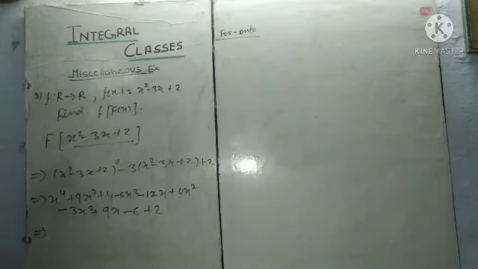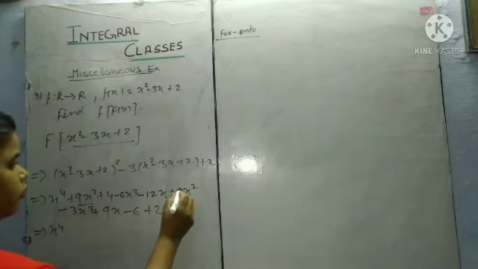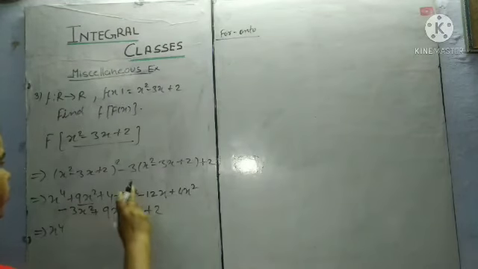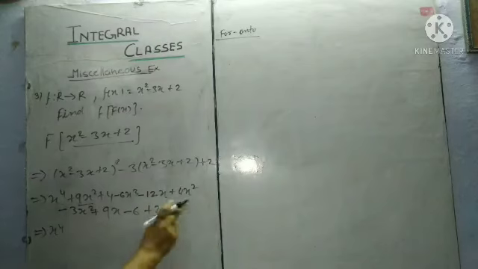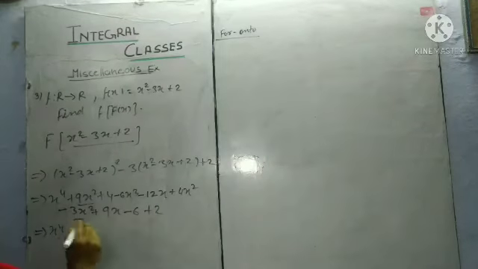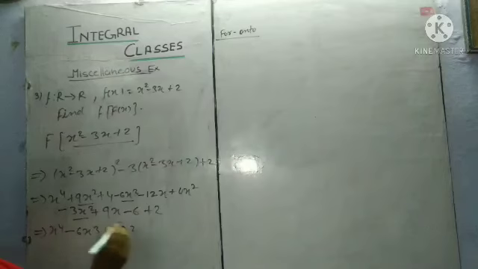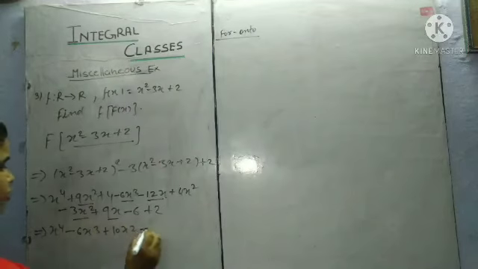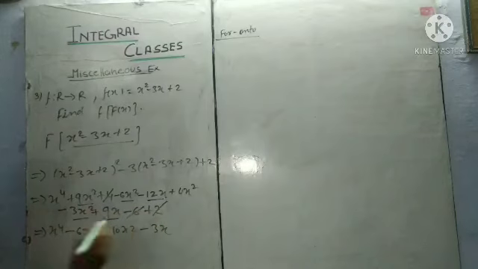Then we will solve: x4 as it is, 9x square and 4x square, minus 3x square, minus 6x cube, 12 minus 12x plus 9x, minus 3x here, and 4 minus 6 plus 2, and these are cancelled.